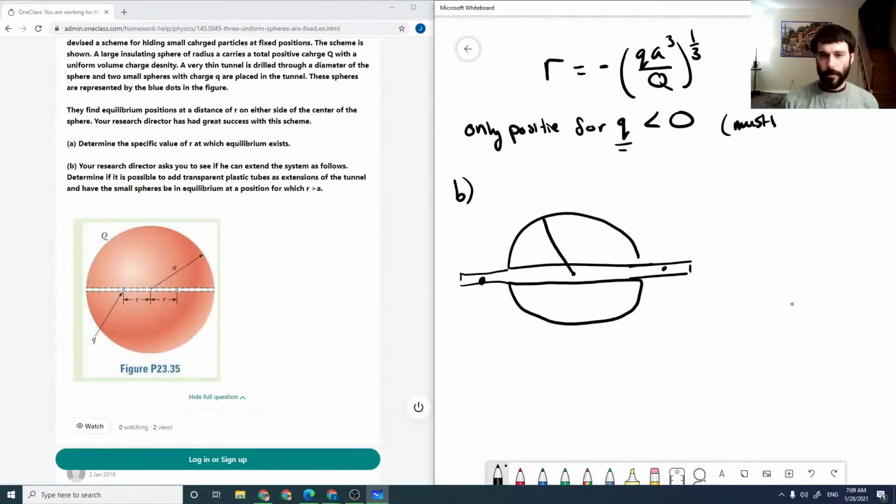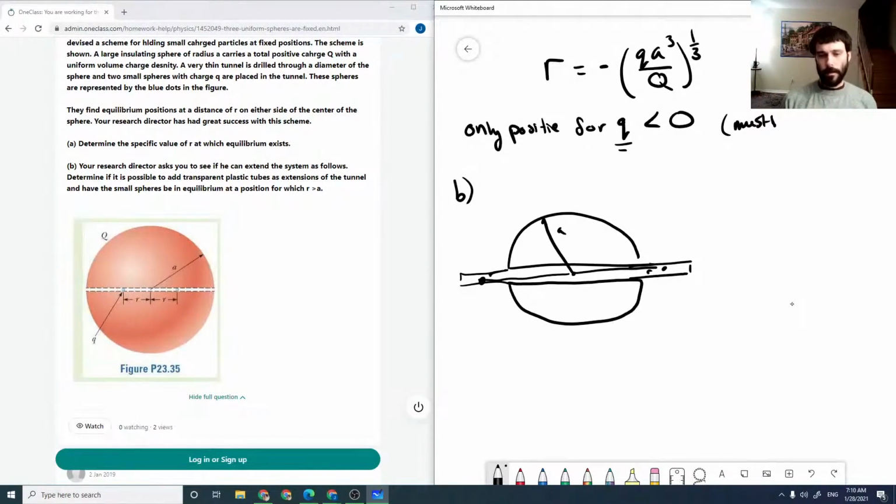Again, we have our sphere of radius a, and now the particles are separated by a much larger distance. One wonders if they can still be in an equilibrium position.